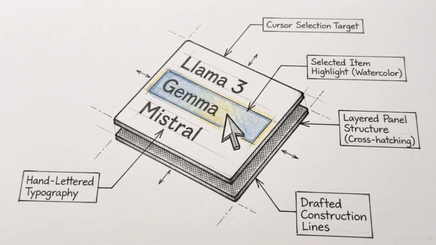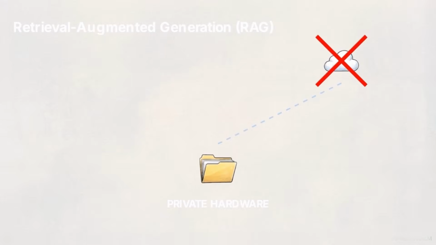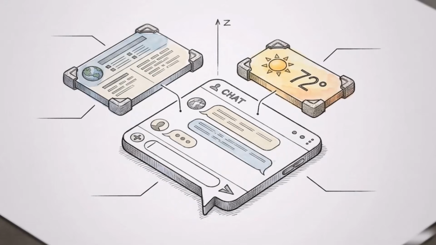With the stack running, you can toggle between AI models and compare their logic side by side in conversation. As this diagram indicates, you also get retrieval augmented generation, or RAG. You can upload PDFs and spreadsheets directly into the chat, and the AI analyzes them entirely locally without transferring a single byte to the cloud. You can grant OpenWebUI local internet access, allowing the AI to fetch live URLs and pull real-time data to augment its responses.